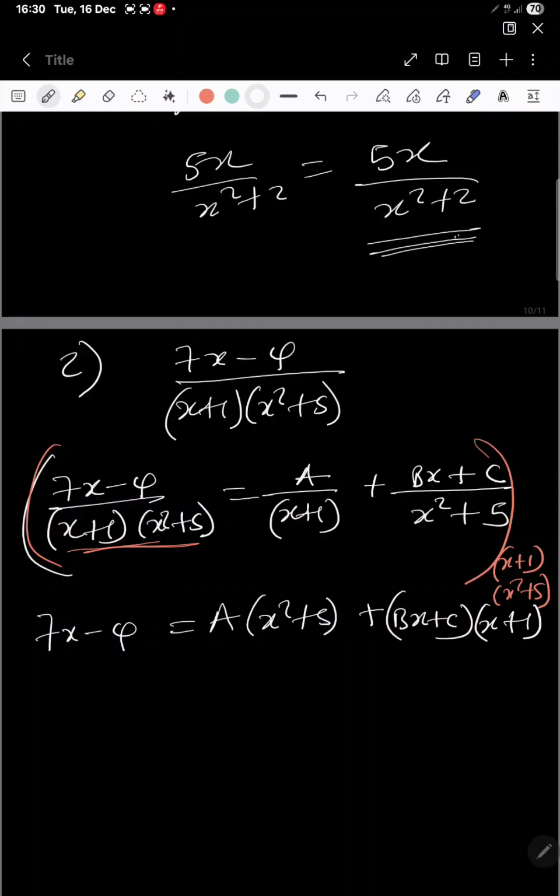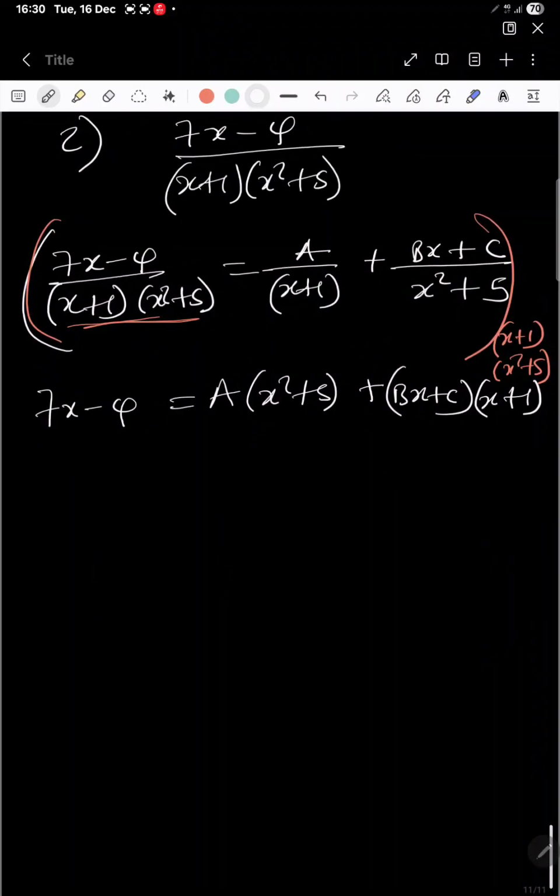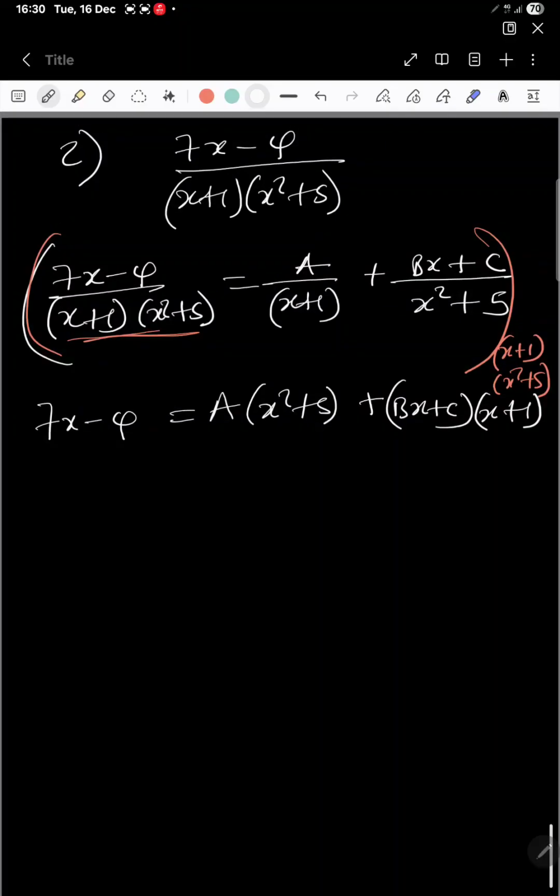So whenever you are using the quadratic factor, always if you want to get easily the values of a, b, and c, just use the method of undetermined coefficients, where you need first to expand. You expand this, and then you also expand these two. After expanding, then you equate them to what is this side here. Then you'll be able to get the values of a, b, and c easily.